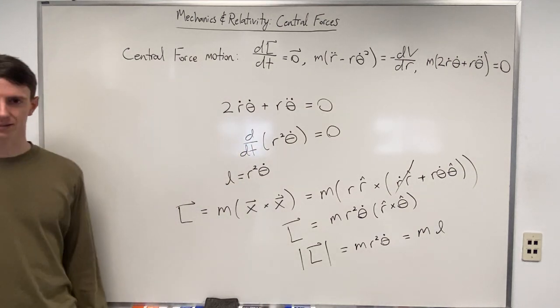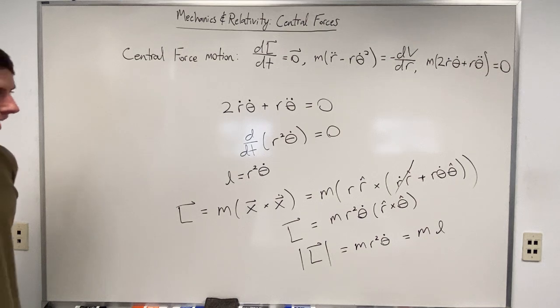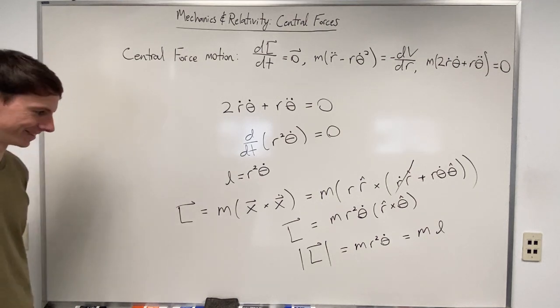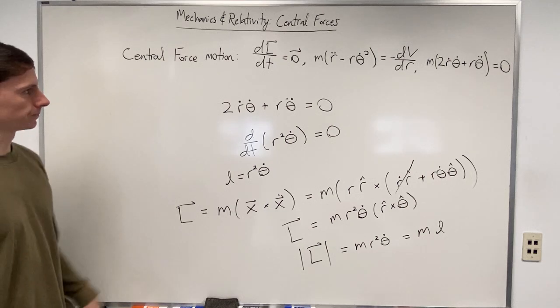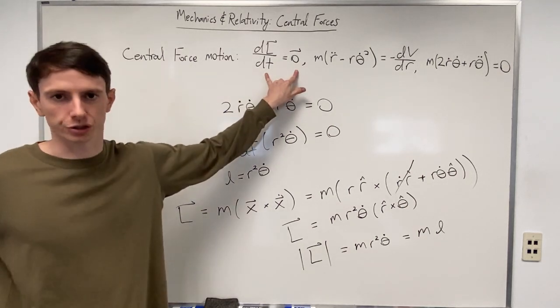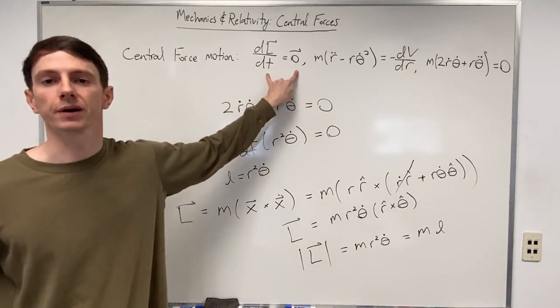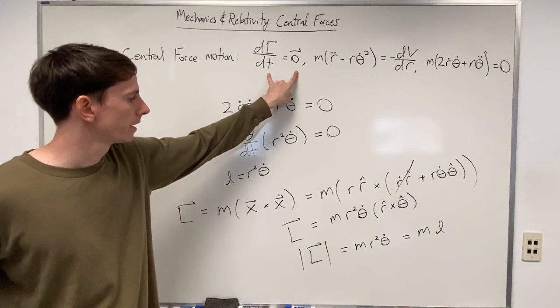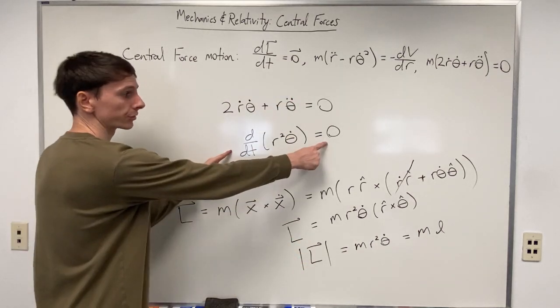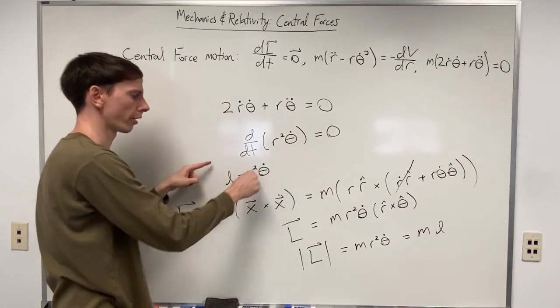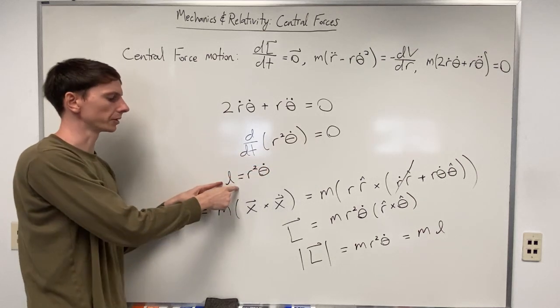So they're connected somehow, right? What is this actually telling us in words? Well, what we found at the beginning of all this is that angular momentum for a particle is conserved if it was influenced by a central force, right? What we're finding now is that there's some new conserved quantity, r squared theta dot, which we're calling little l.